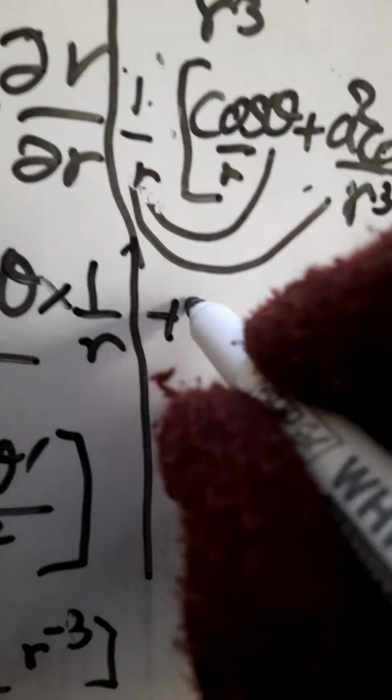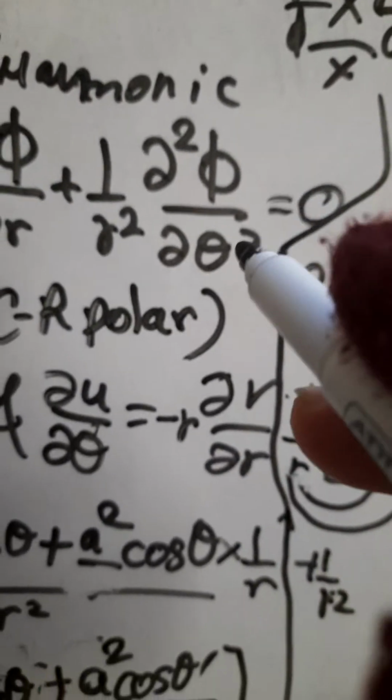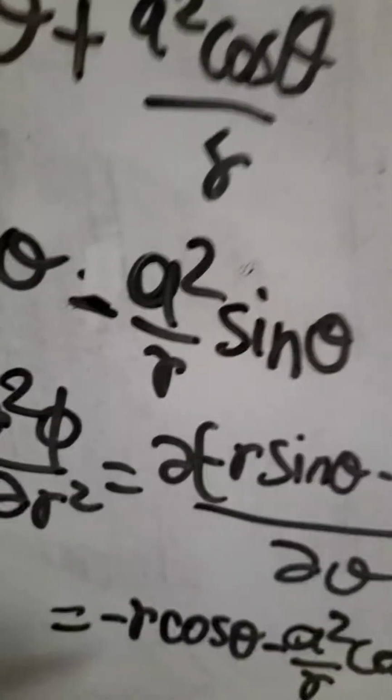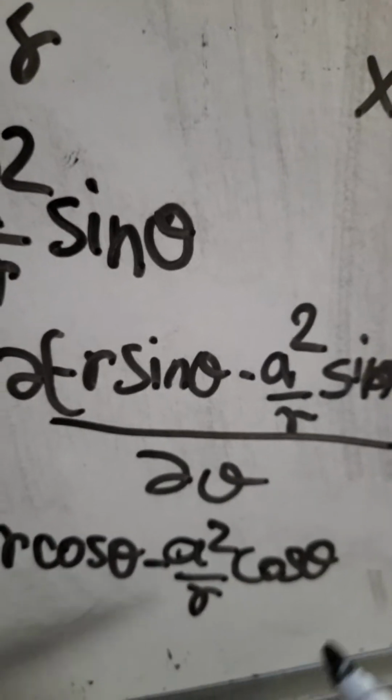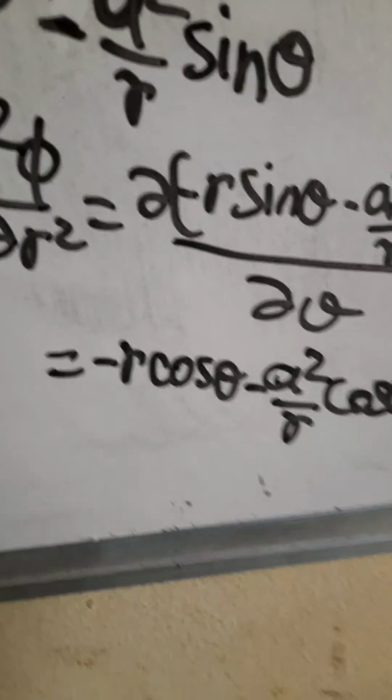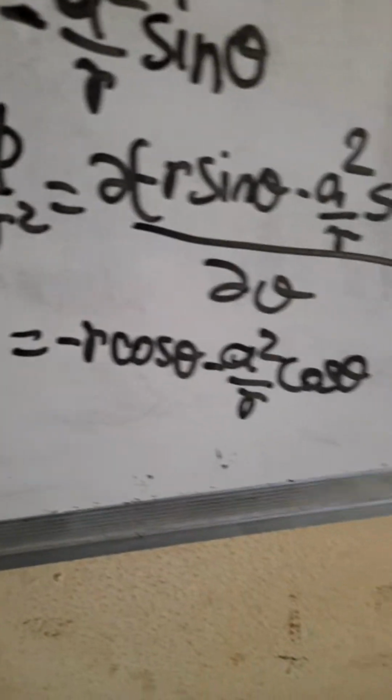plus this is separate stuff, 1 by r square into del square phi by del theta square, which is minus r cos theta minus a square by r cos theta. We found out, right? Here it is.